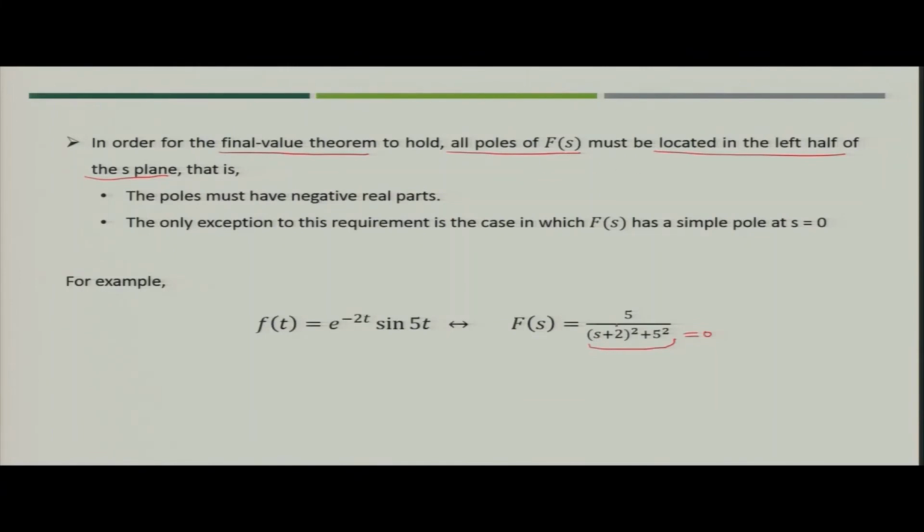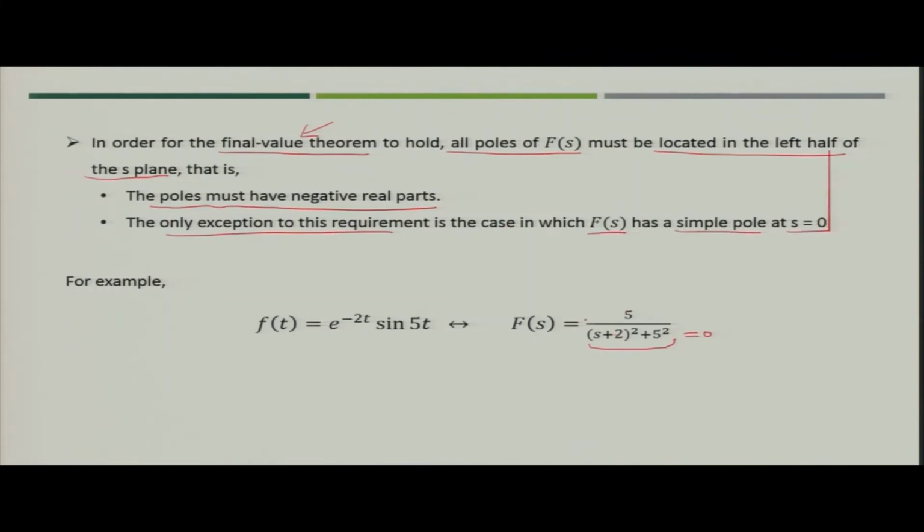So, what you need to do is observe whether those roots have a negative real part or not. If poles have a negative real part, then only can you apply the final value theorem to the function F(s). The only exception is the case when F(s) has a simple pole at s equal to 0.